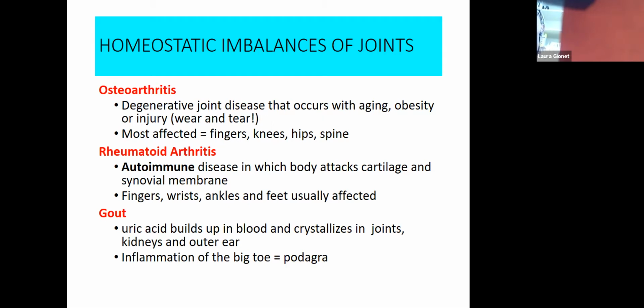But I will say that for the most part, most people will feel it more in their fingers and maybe their feet first, perhaps hips and knees. It all depends, again, on how much weight bearing is occurring there, and how much use it's getting. So it's really like a wear and tear, a normal part of aging.